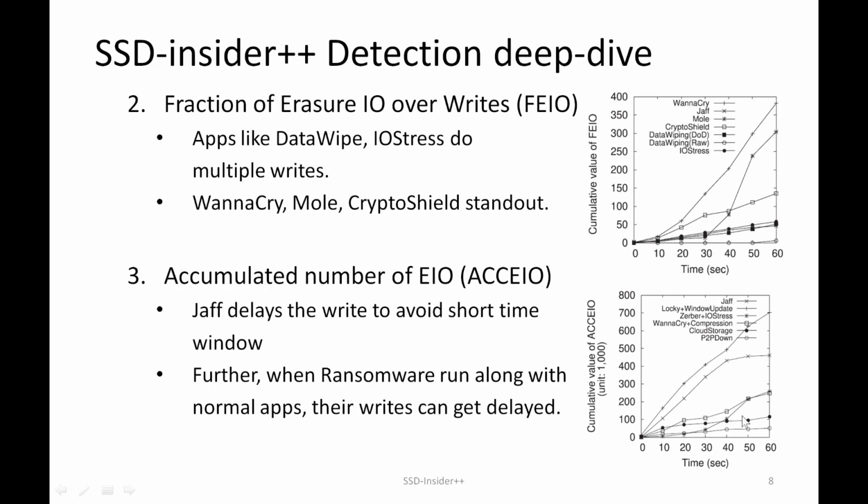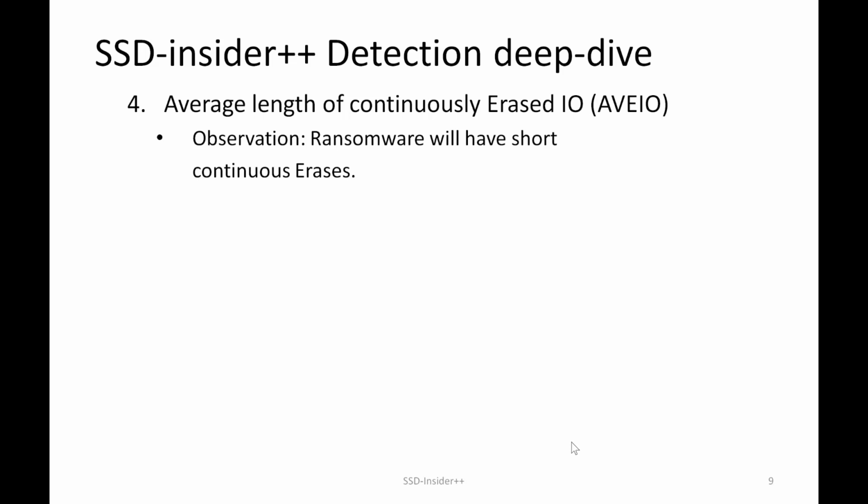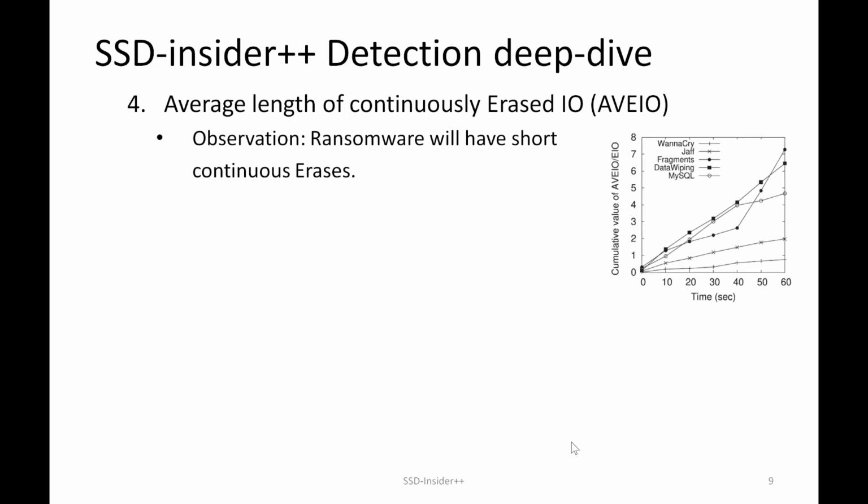But again, identifying within these can be a little tricky, because we still have to wait for 40-50 seconds to make a decision, right? So to further refine their classification, they have proposed another feature, which is the average length of continuous erase IO operations, right? Their primary observation was that ransomware will have short continuous erases, but normal applications will have longer ones. In all the prior graphs, the higher the line is, the more likely it is a ransomware.